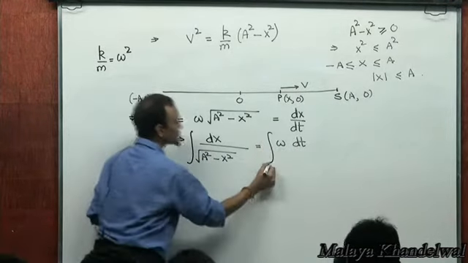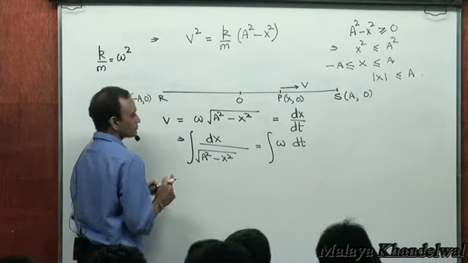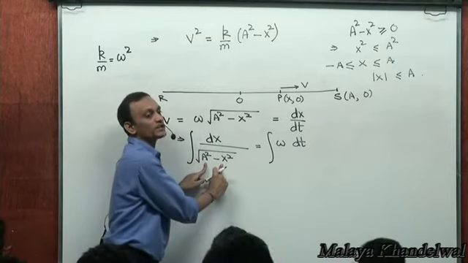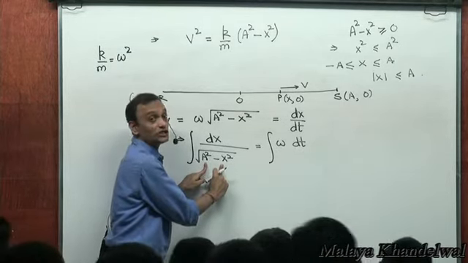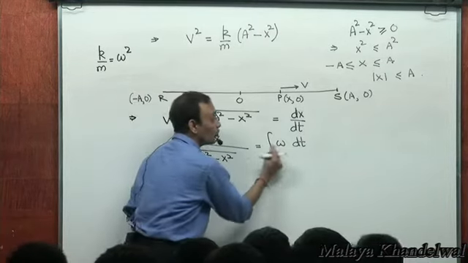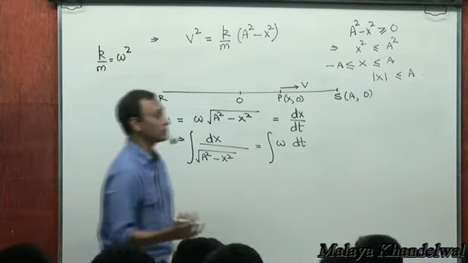If I integrate both sides, then this integral, the integral of 1 by root a squared minus x squared, is sine inverse x by a. Omega will come out, so it will be omega t plus a constant of integration.